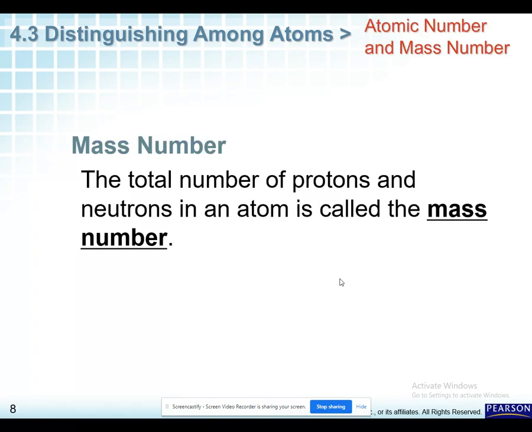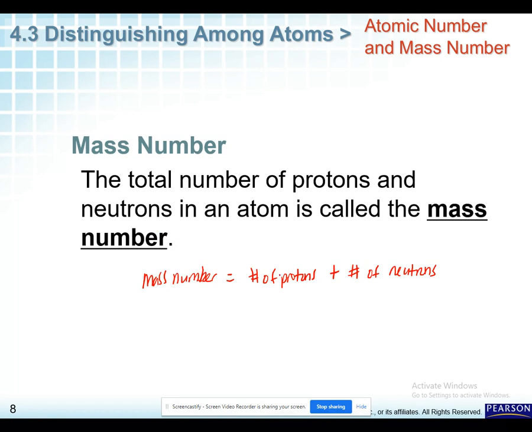The second thing we're going to learn today is mass number. Mass number is also a very important concept. It is the total number of protons and neutrons in an atom. So if you actually had to rewrite this, the mass number equals number of protons plus the number of neutrons.